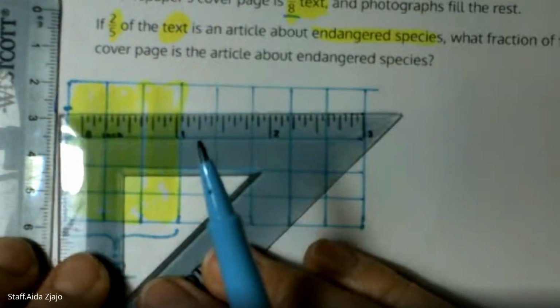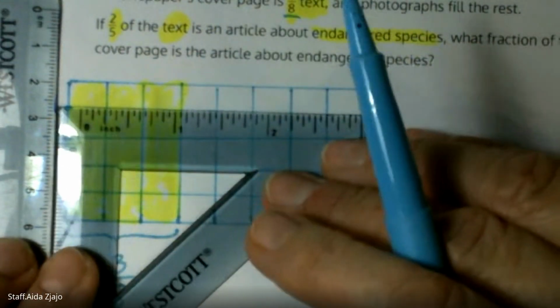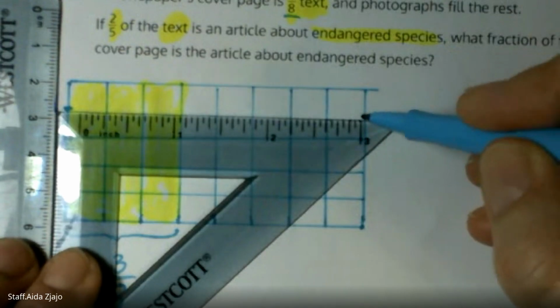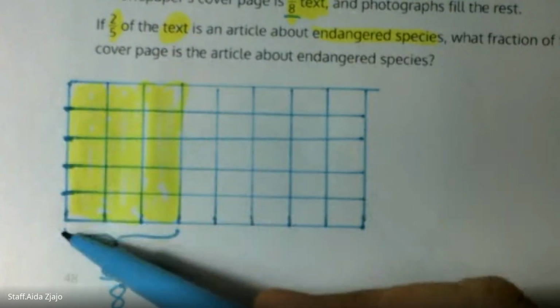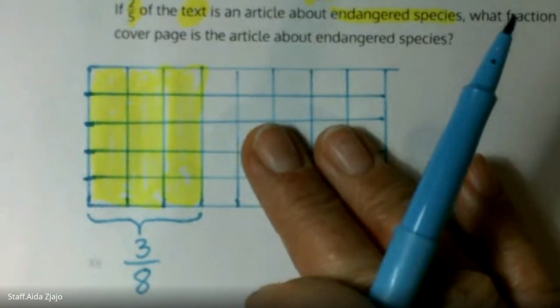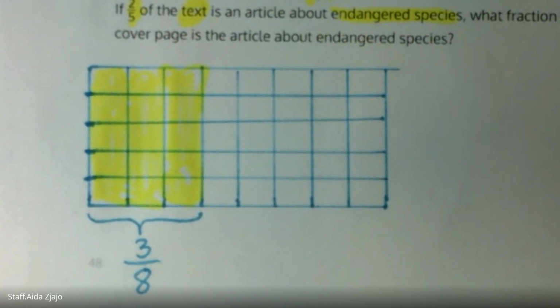That can help you in 3rd grade with the rectangular model of multiplication, or arrays. This is 5 times 8, there are 40 pieces there.